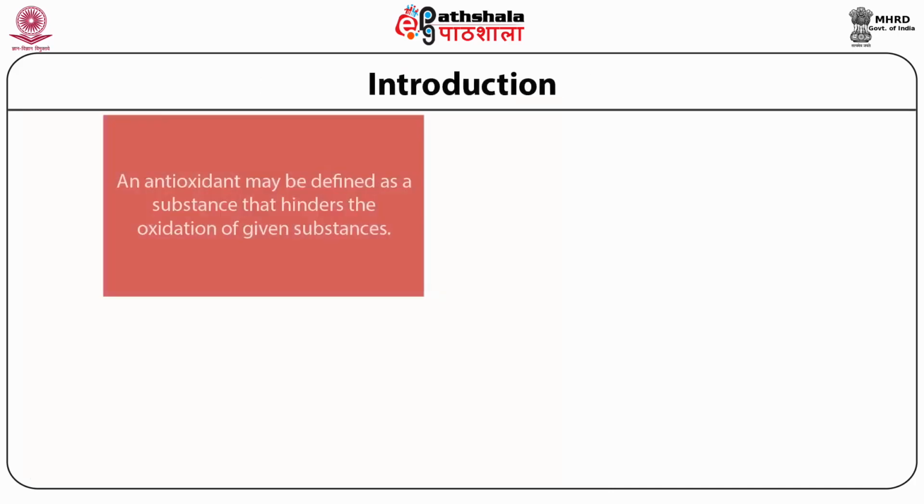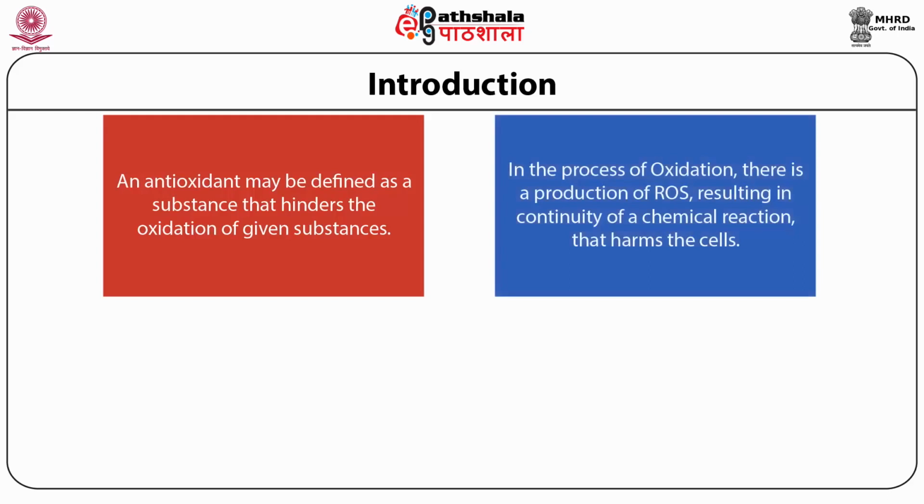Antioxidants. Introduction. An antioxidant can be defined as a substance that hinders the oxidation of a given substance. In the process of oxidation, there is the production of ROS or reactive oxygen species.